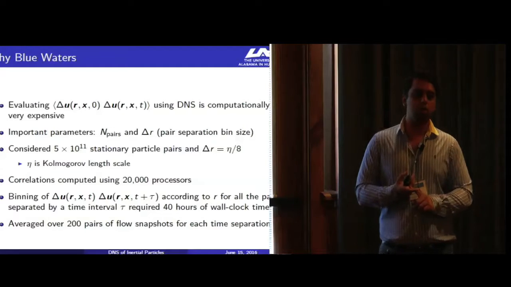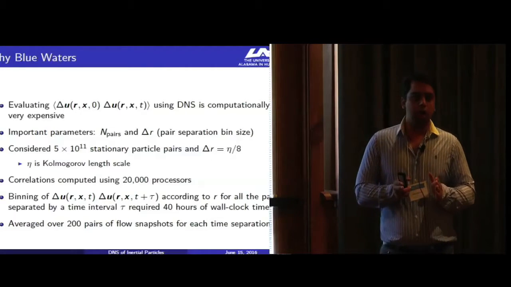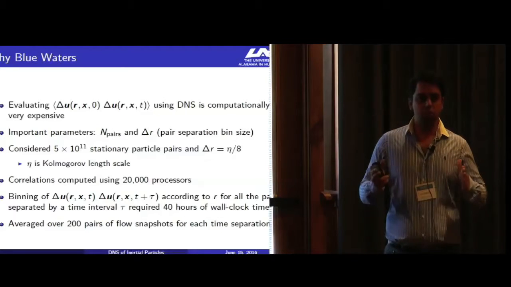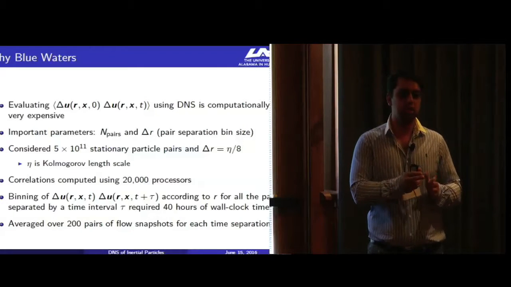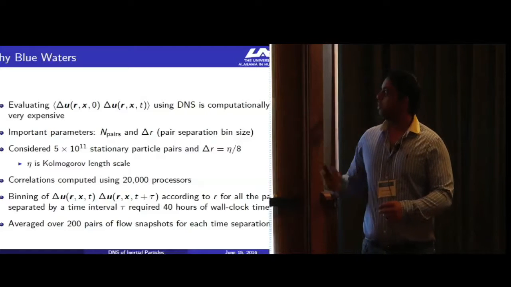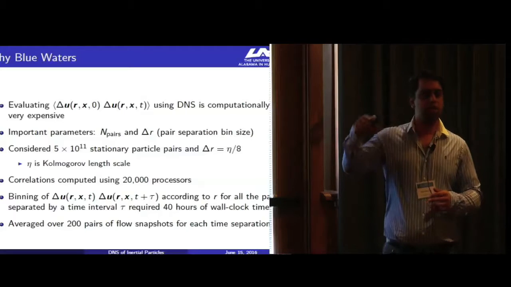There are 2 competing effects. First is how big this bin size should be. If the bin is too big, we won't be able to capture the particles which have small Kolmogorov length scale separation. But on the other hand, if we use a bin size that is too small, then we will have statistical noise.